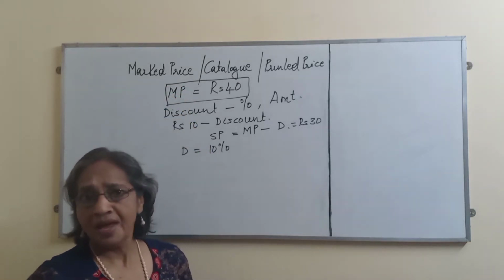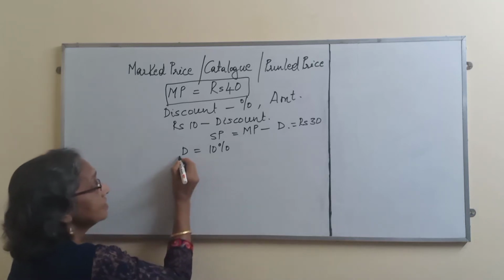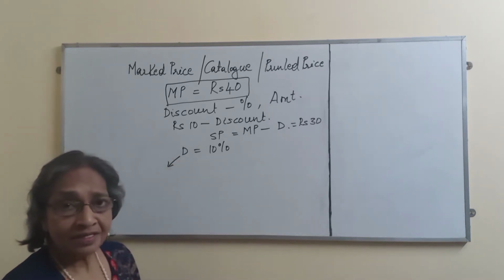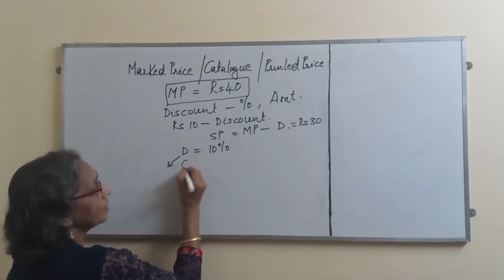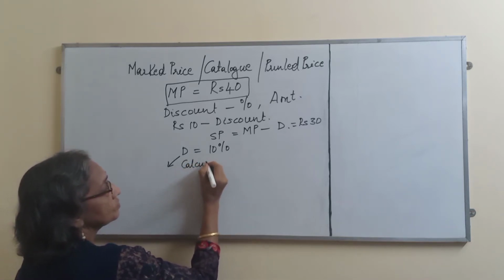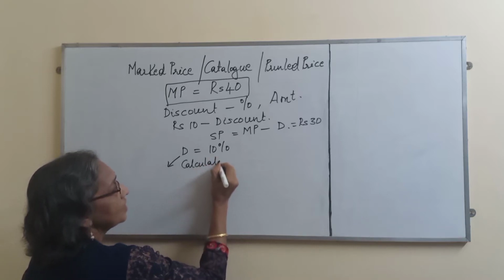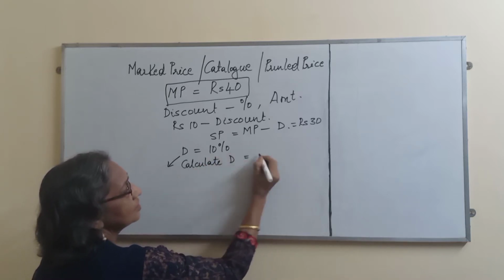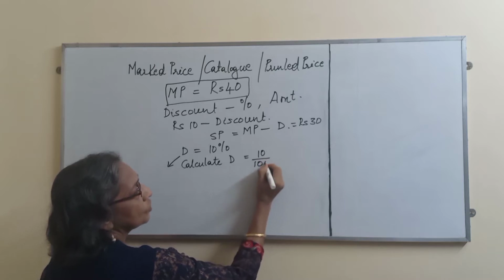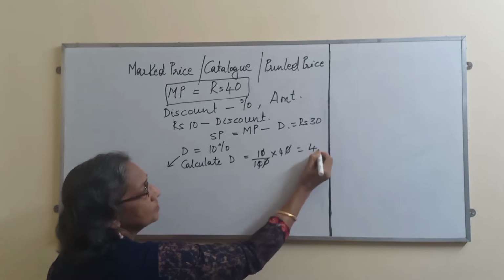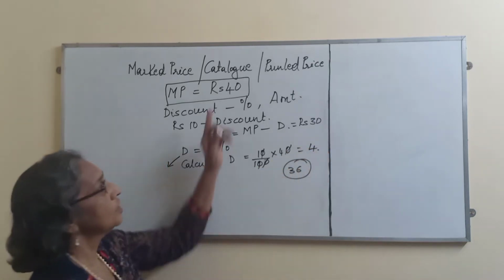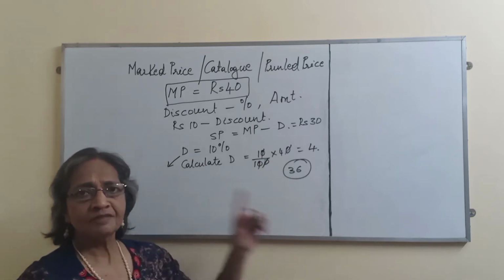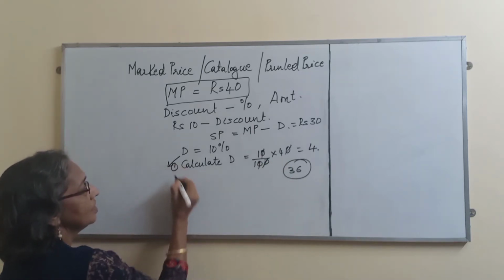So now there are 3 ways how you can get your cost price or the selling price of the shopkeeper. One is to directly calculate the discount. So in this case it would be 10% of 40 rupees, that is 4 rupees, and then you would pay 36 rupees, 40 minus 4. This is the first method.